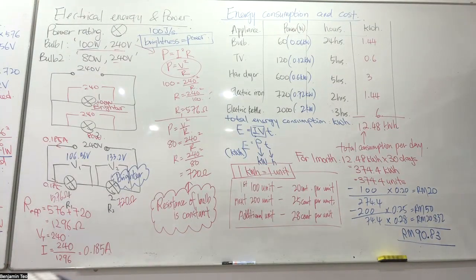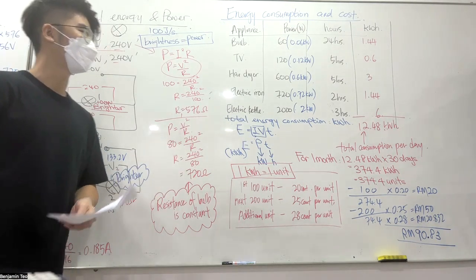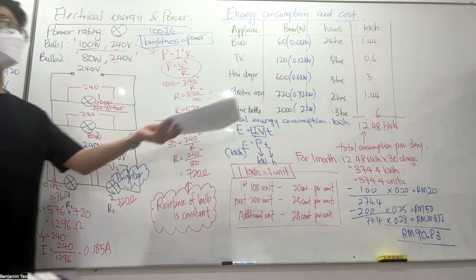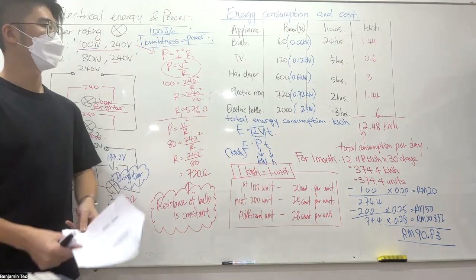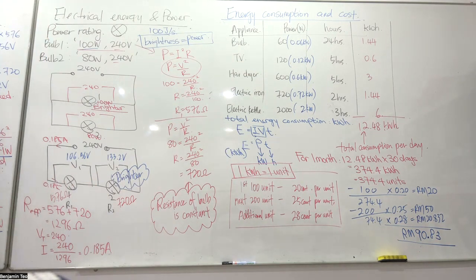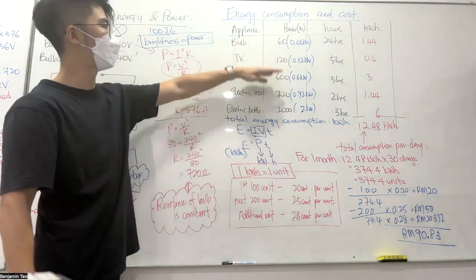Appliances that use a heater, like a kettle, iron, or shower heater, consume a lot of electricity. The power is very high, usually in the thousands. Aircon is also thousands. The consumption is very high. Low power, okay.